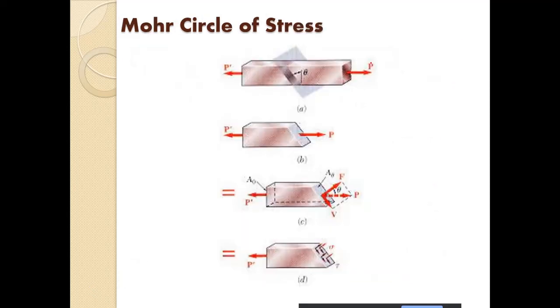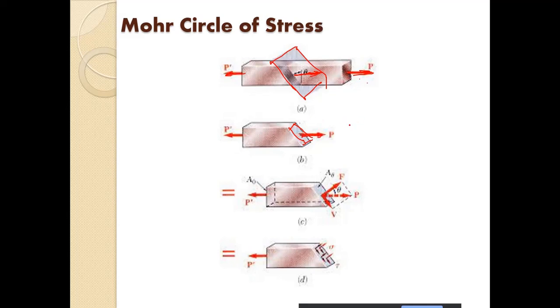So yesterday we discussed already that when there is an element and we apply a force, the force is transmitted through the element. If we consider a plane on that element, this force is transmitted onto this plane here. So we can consider the force P acting on this plane.